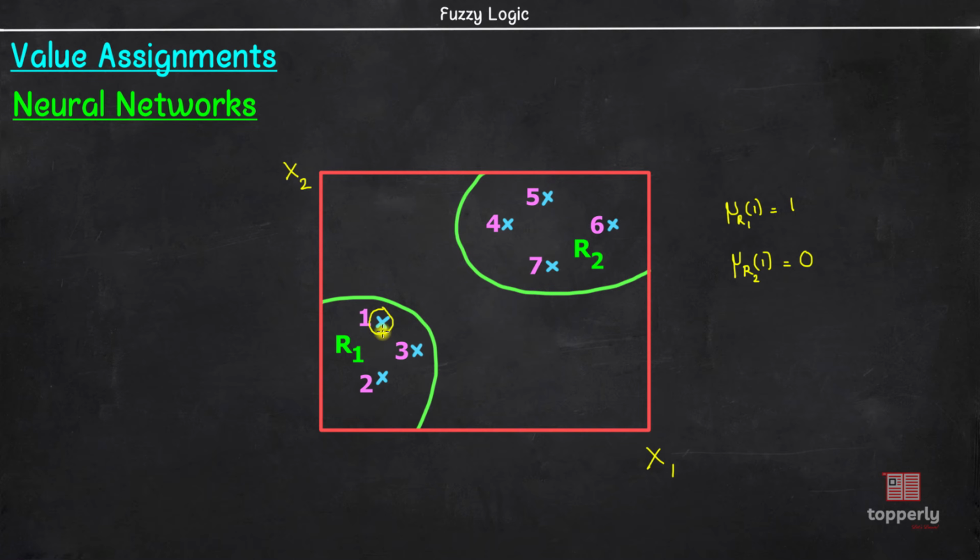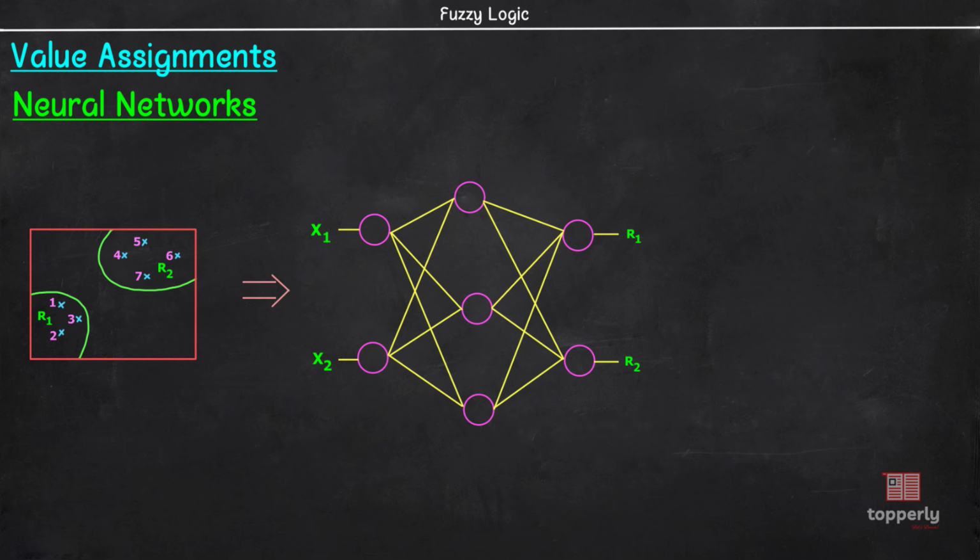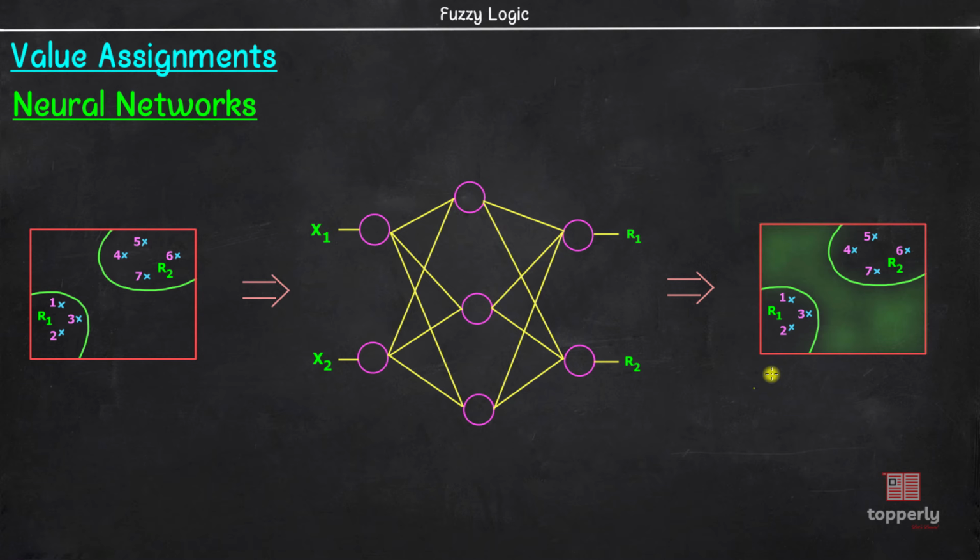Similarly, we will classify all other points and assign their membership value as 1 in the fuzzy set they belong to. Next, we will create a neural network and train it with our existing data points until it classifies the existing data points correctly into R1 or R2.